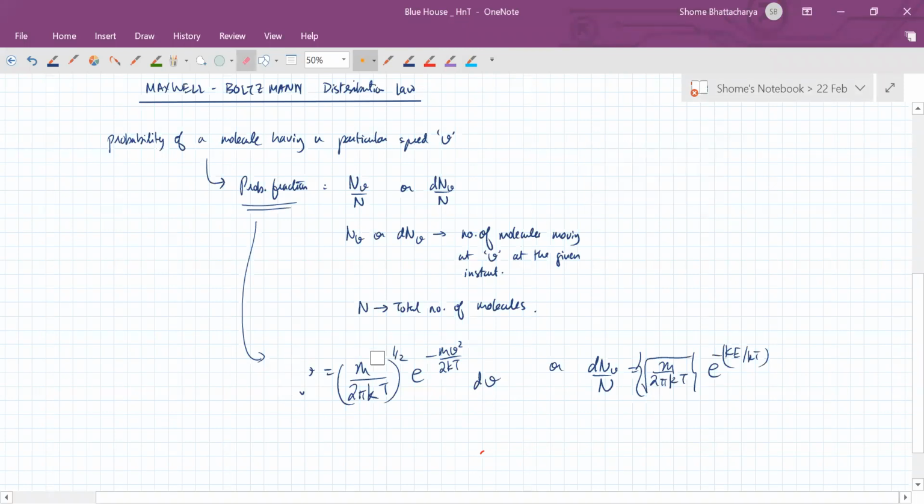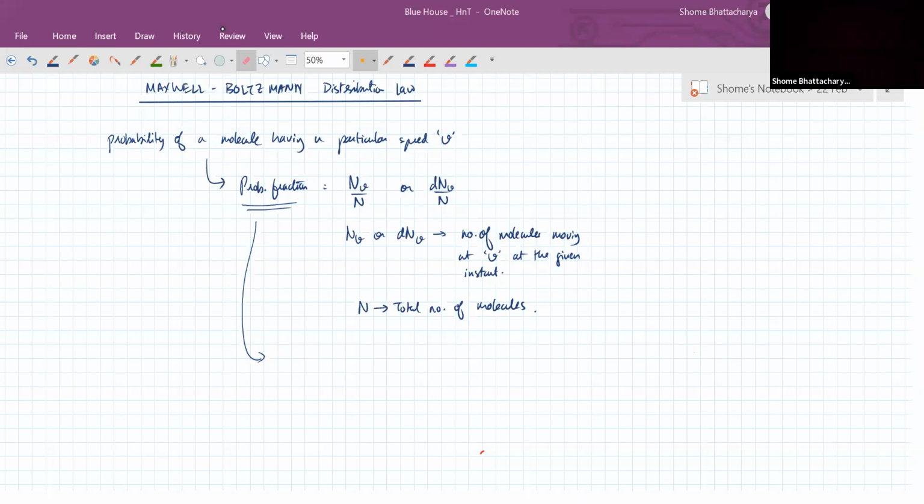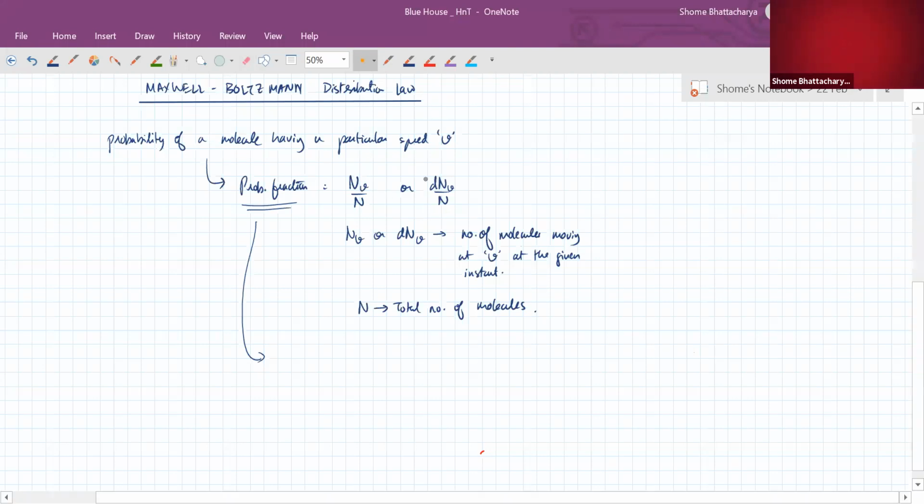Okay, wait a minute. I'll explain the whole formula once more. Yeah, so this probability fraction, this term, it is given by this formula.